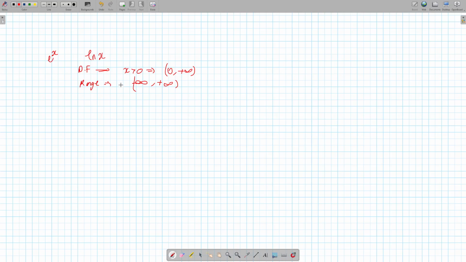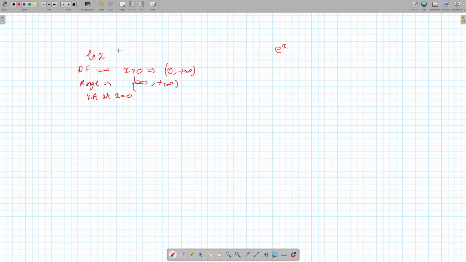We found our domain and range. We said that there's a vertical asymptote at x equals 0. E to the power of x is what? It's its inverse, right? E to the power of x is just, you could say, the inverse of ln x.